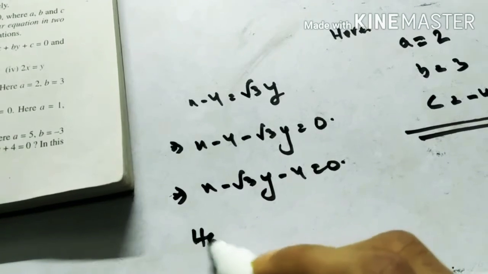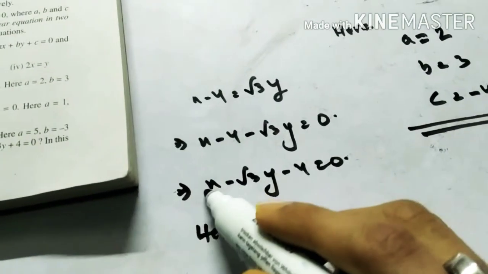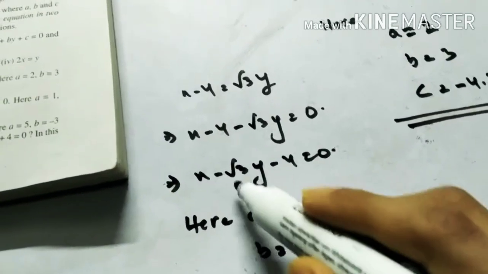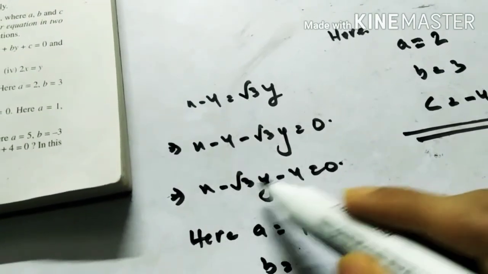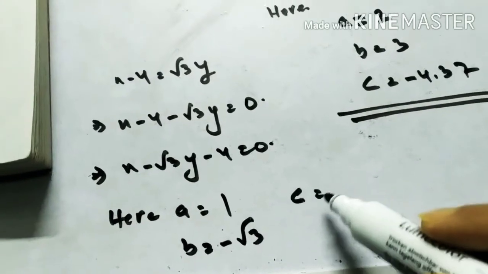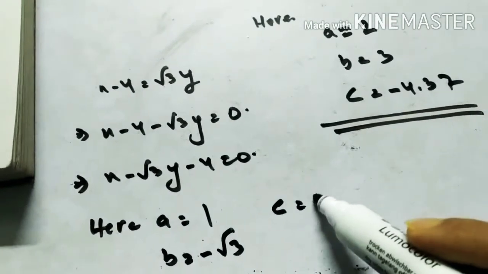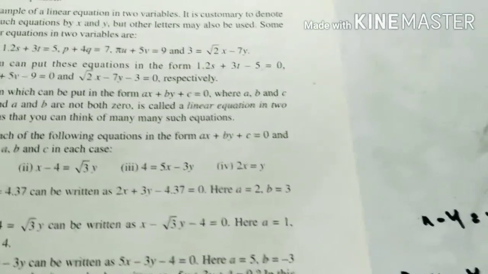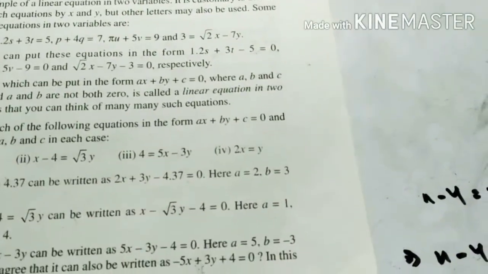Here a is 1. In the actual form it is plus by, so b will be negative root 3 and c will be minus 4. Understand? Next, problems 3 and 4, you try to do by yourself.